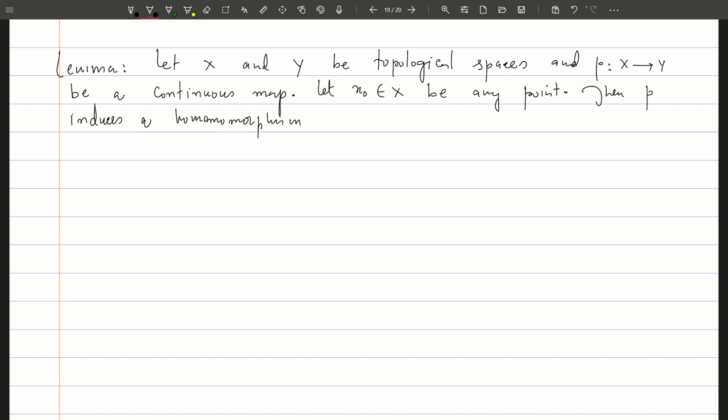Say P star from the fundamental group of X based at x naught to the fundamental group of Y based at P of x naught. So let us prove this.